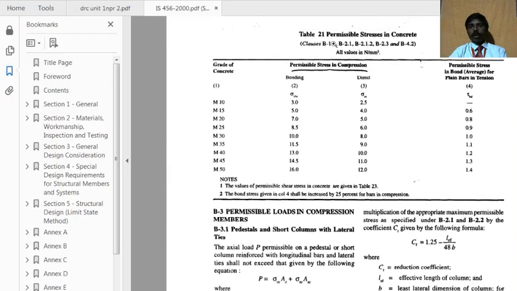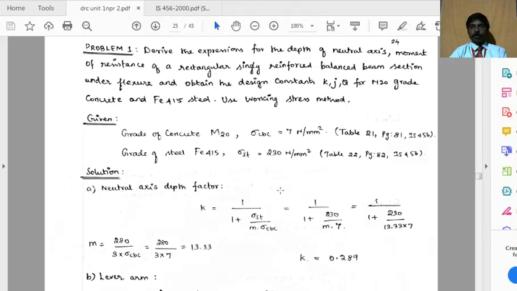From Table 21 of IS 456, we find the sigma CBC value for M20 grade of concrete, which is 7 Newton per mm square.